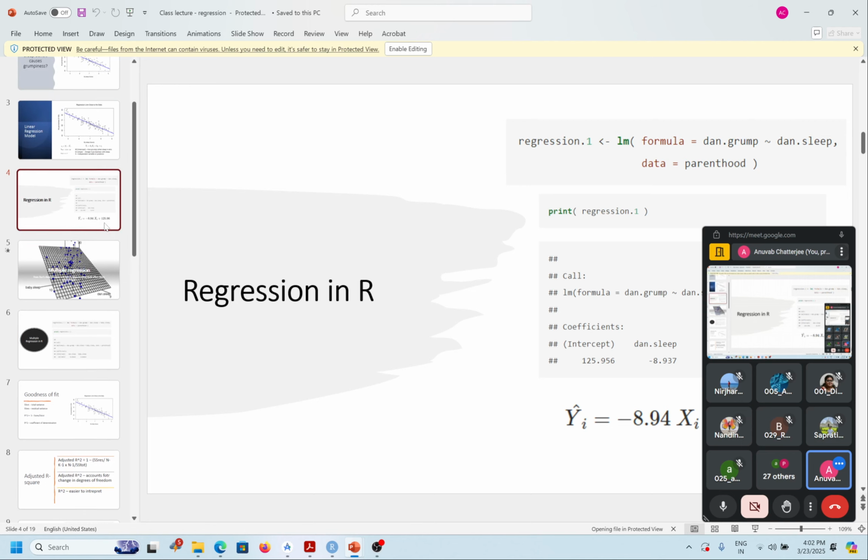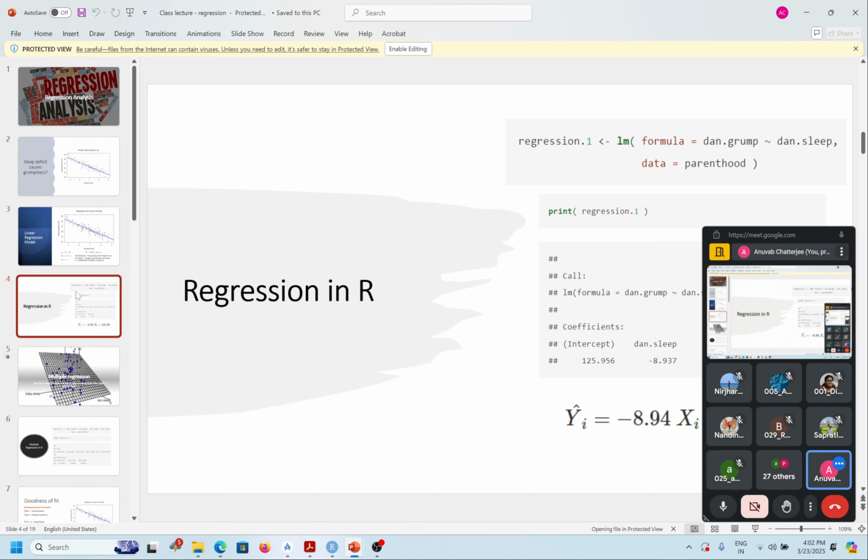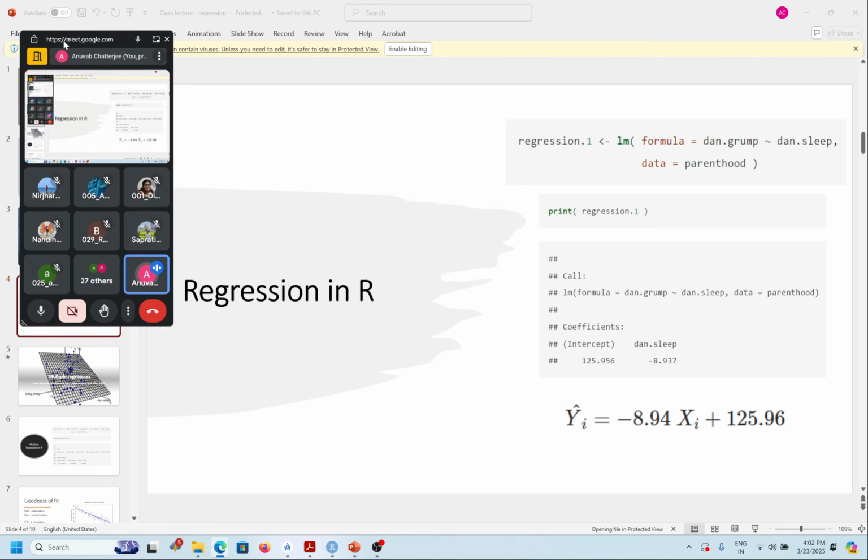When you run regression, it will give you an equation such as this between your dependent variable and independent variable. So x here is the number of hours that you have studied, and y is the marks that you get in mathematics. So essentially you have a solid concrete equation relating the two variables using regression.